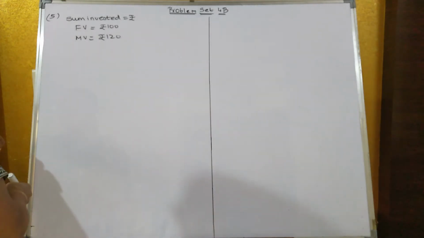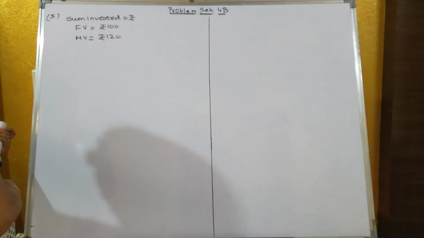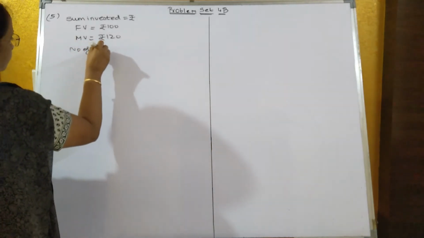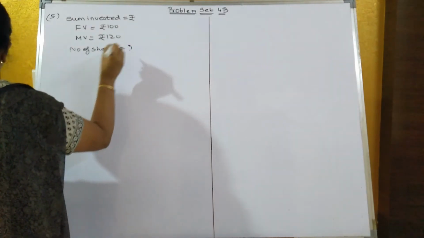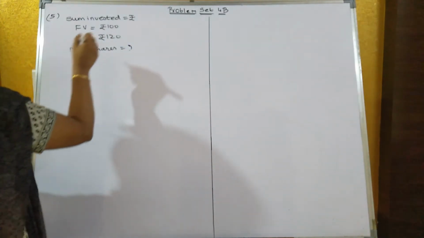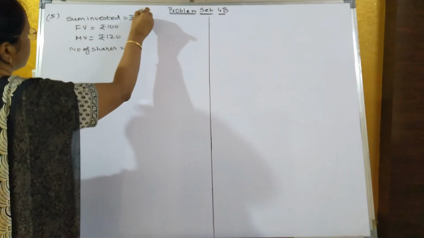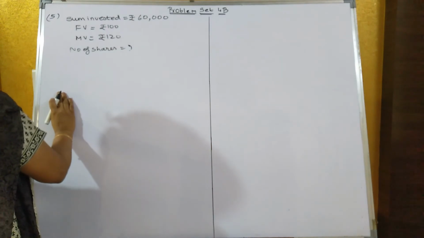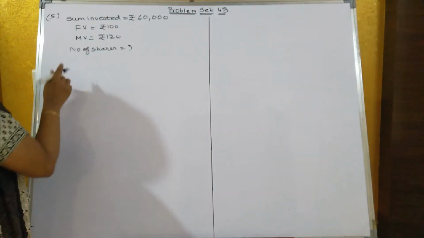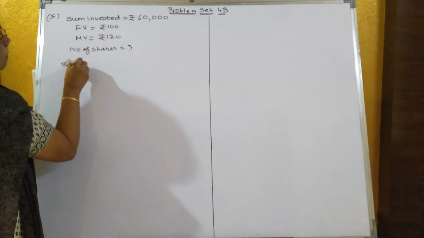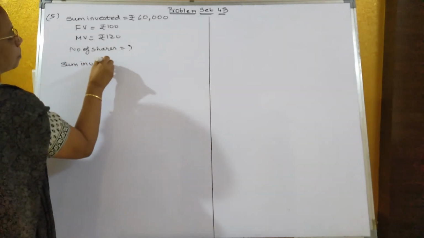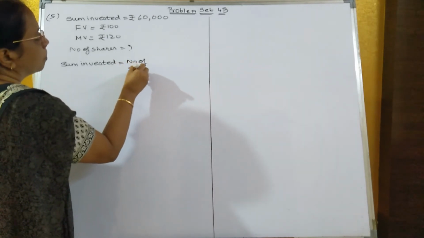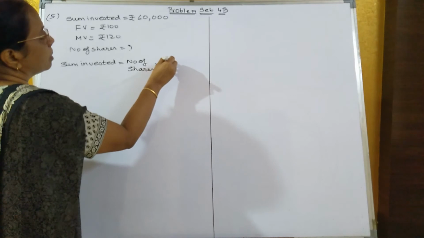Now sum number 5, find the number of shares received when 60,000 was invested. So sum invested is 60,000. Face value is rupees 100 and market value is rupees 120. Sum invested is equal to number of shares into market value.